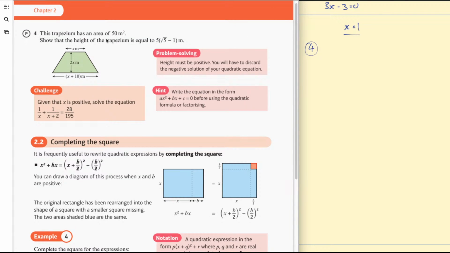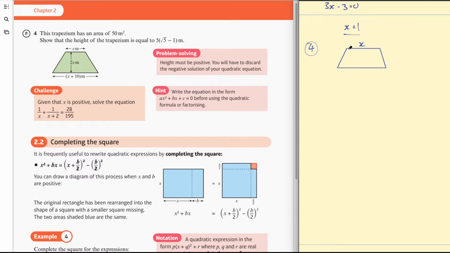Question 4 says the trapezium has an area of 50 meters squared. Show that the height of the trapezium is equal to 5 root 5 take 1 meters. So here's the trapezium. Here are the dimensions. This is x meters.